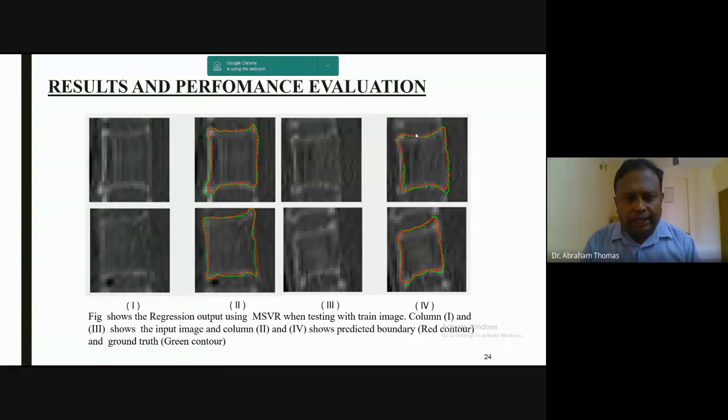Column 1 and 3 shows the input image, the 32 by 32 images, and column 2 and 4 shows predicted boundary, that is the red contour, predicted by the MSVR. The ground truth, which was manually obtained, is the green contour. So we can see that there's a very close match between the two. That is, the MSVR has trained really well, particularly on the trained data set.